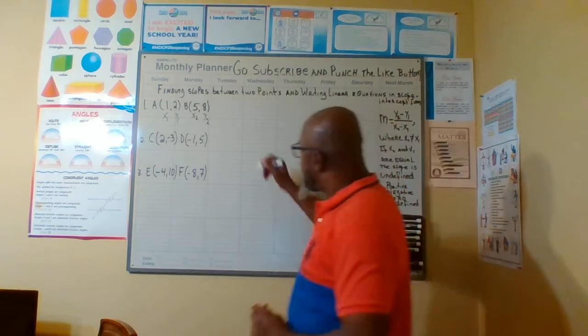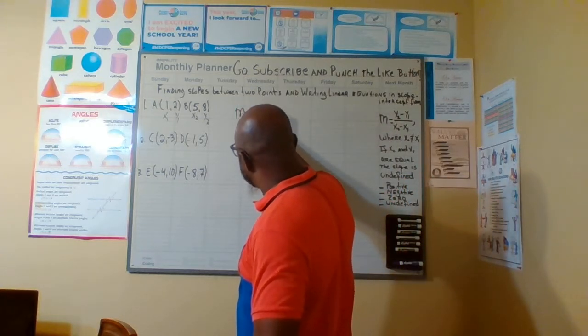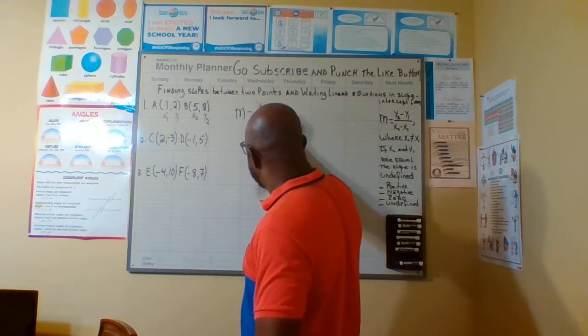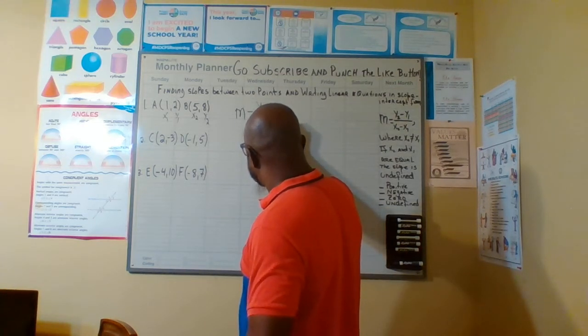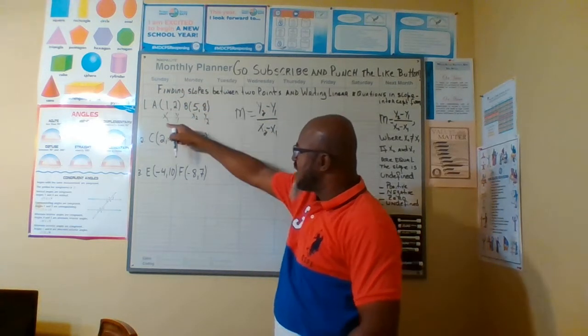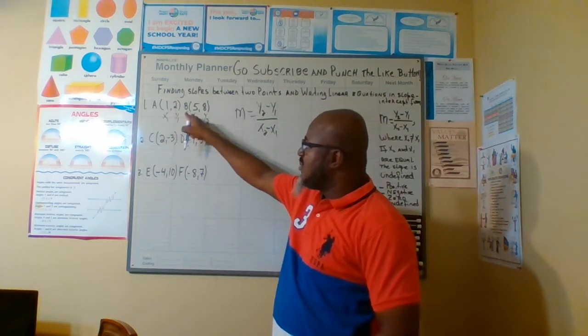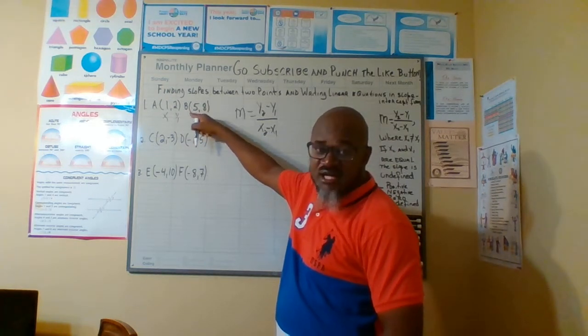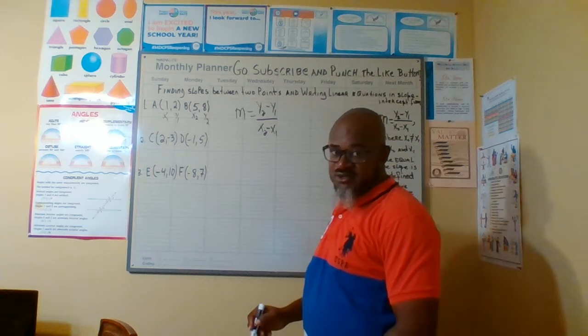So I have my slope formula, which is m equals, this is the formula that you need to know, y sub 2 minus y sub 1 over x sub 2 minus x sub 1. Now, I have point A, which is 1, 2. I'll label this my x1, y1. My point B, which is 5, 8, I'll label as x2, y sub 2.